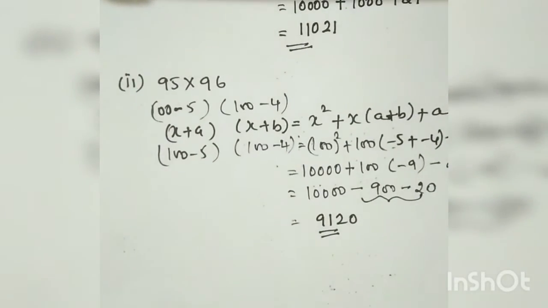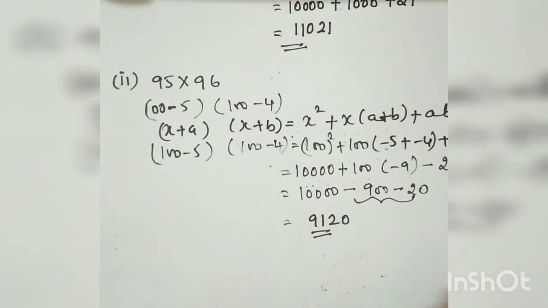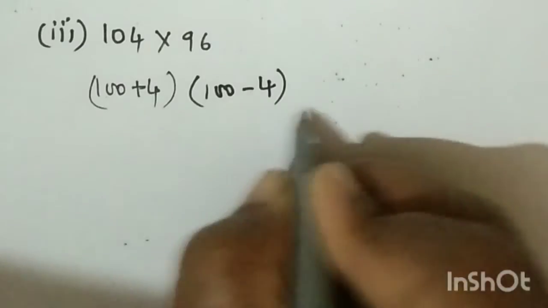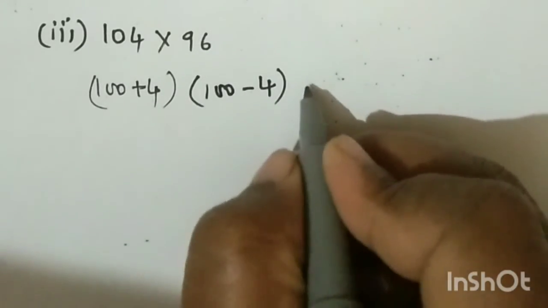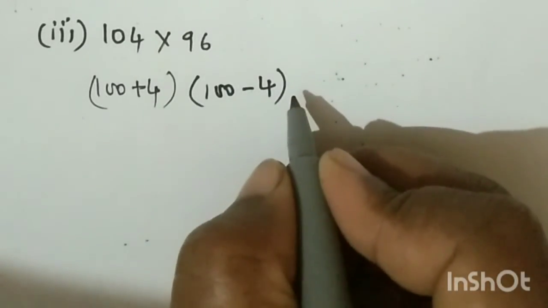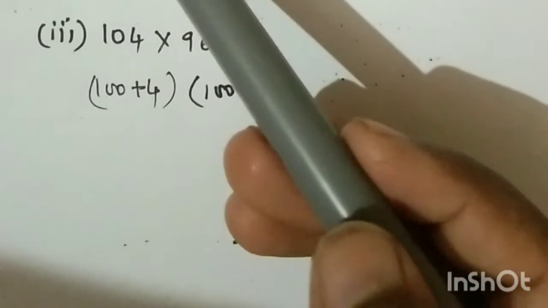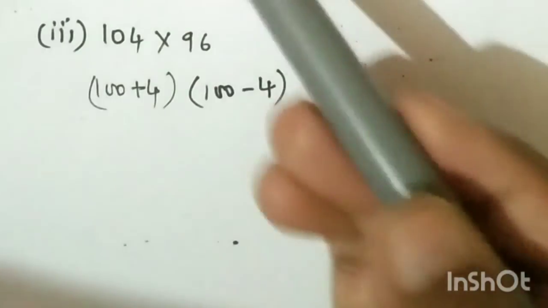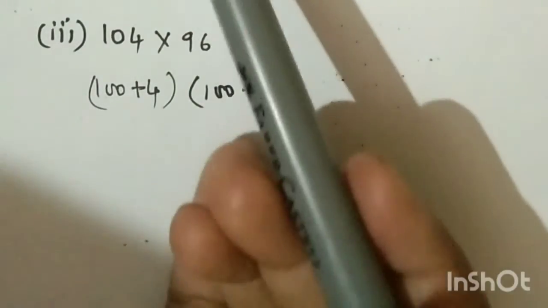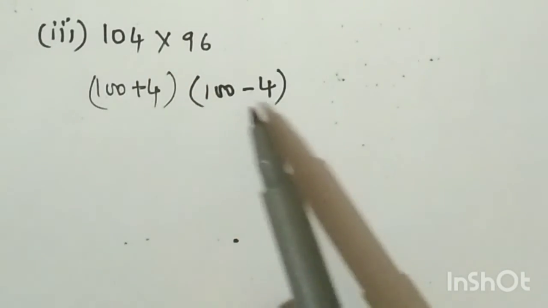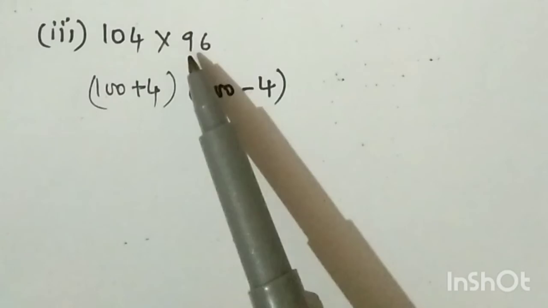So the third question is, if you can write this way, you can apply another identity, and this is not possible for all. For the other questions it was not applicable because if you put here 100 minus 5 and 100 plus 5, you should get 95, but here you have 96. But here 100 plus 4 and 100 minus 4 you do, exactly you will get 104 into 96.